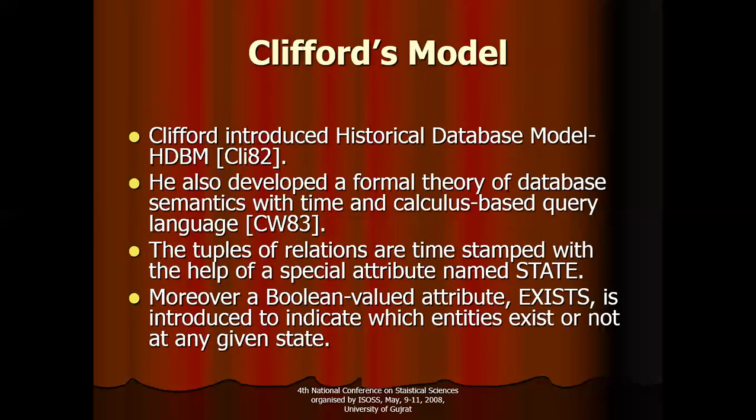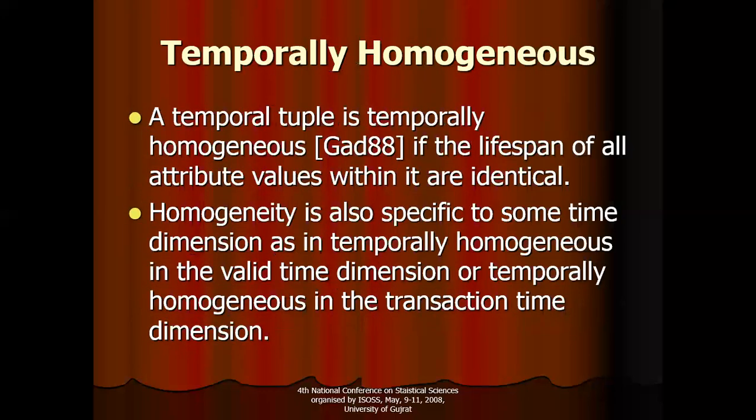Now, when we talk about homogeneity, it means that the lifespan of all attribute values within it are identical, so the lifespan of attributes will remain the same. We cannot change the lifespan values for various attributes.